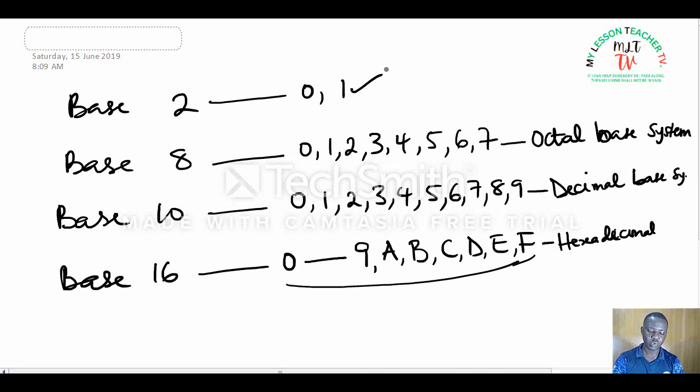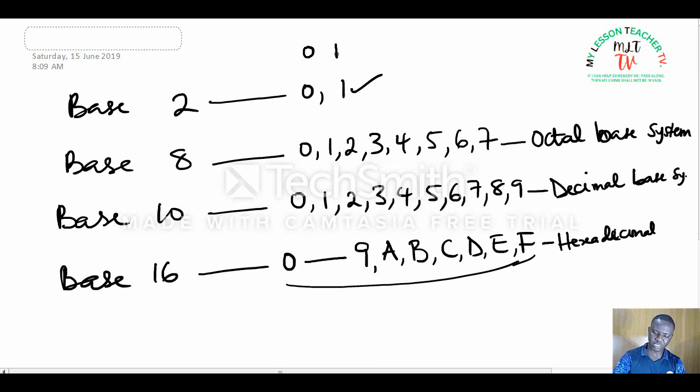So in electronics, 0 is used to represent the off state of the device, while 1 is used to represent the on state of the device. So the base 2 system is mostly used by our electronic gadgets at home.